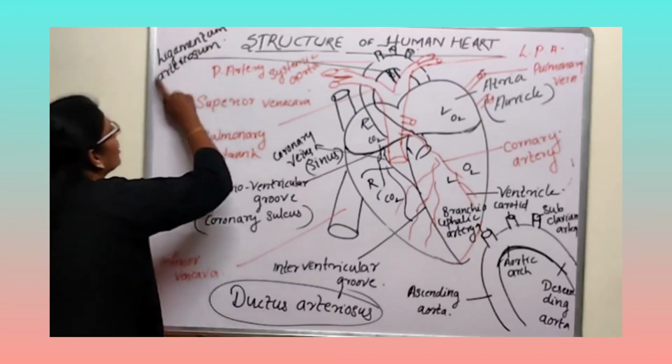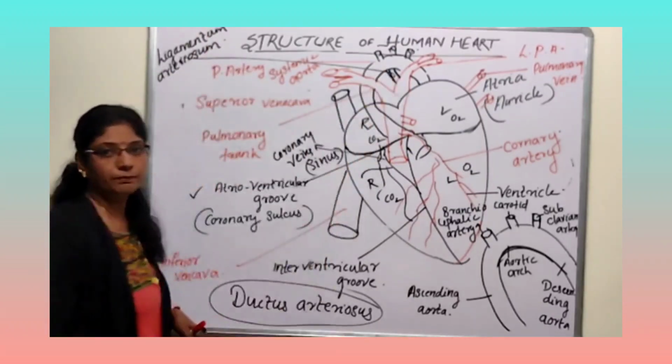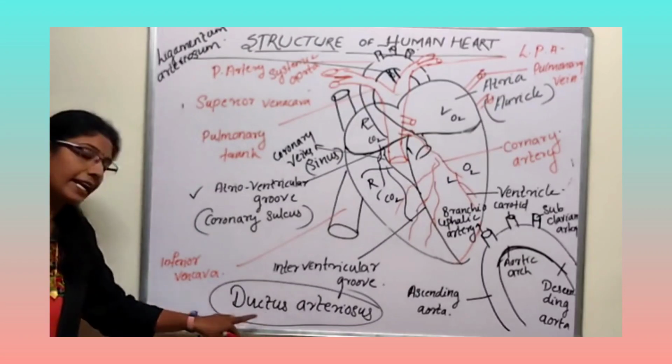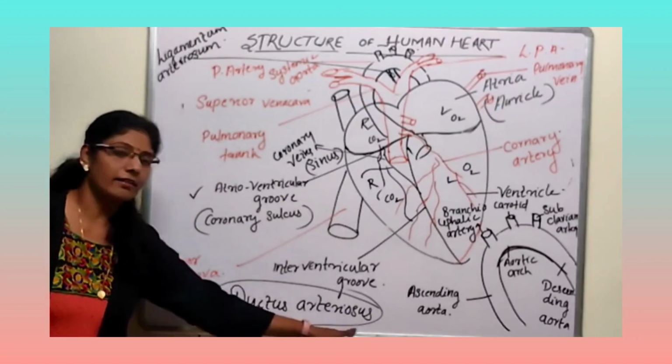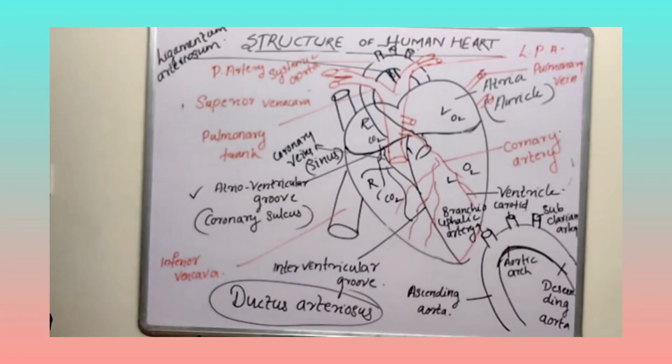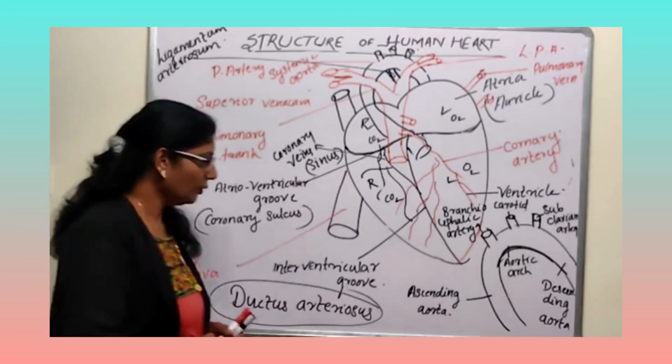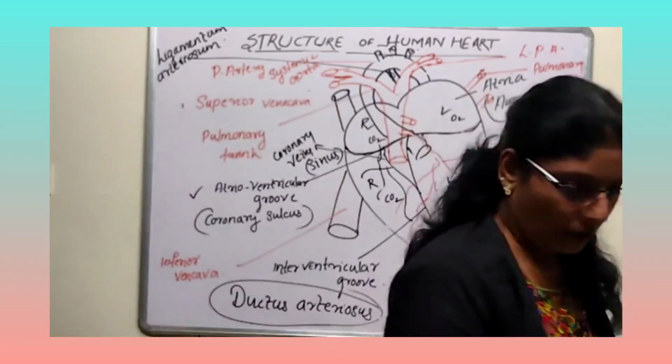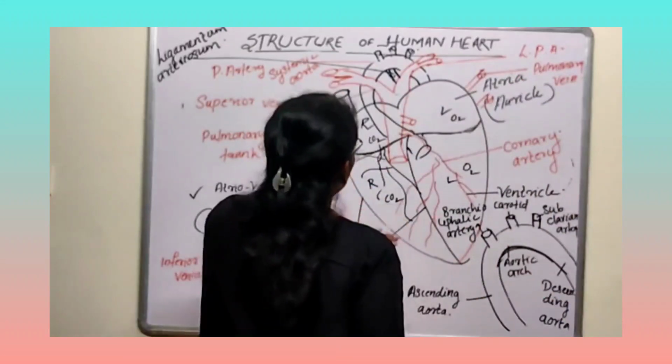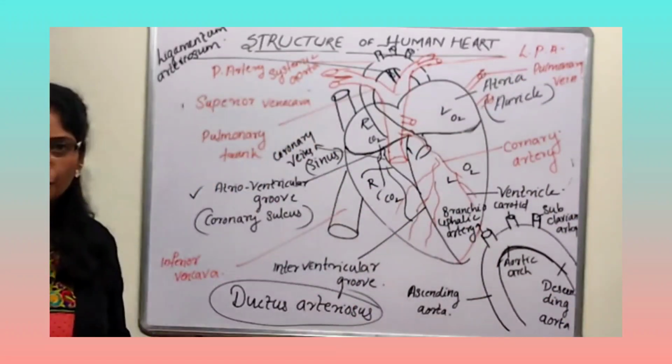That portion is called the ligamentum arteriosum. That is why we are telling it is the remnant of ductus arteriosus. Understood? Okay, so all these things you have to tell about the external structure of heart.